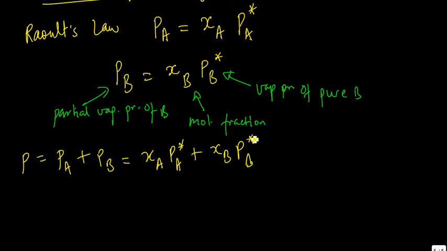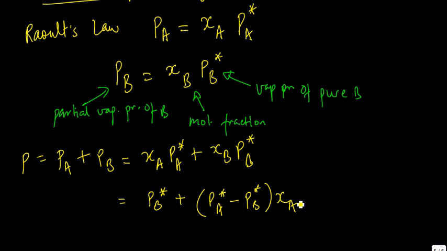And we know that XB is equal to 1 minus XA. So I would convert that and write PB star plus (PA star minus PB star) times XA.